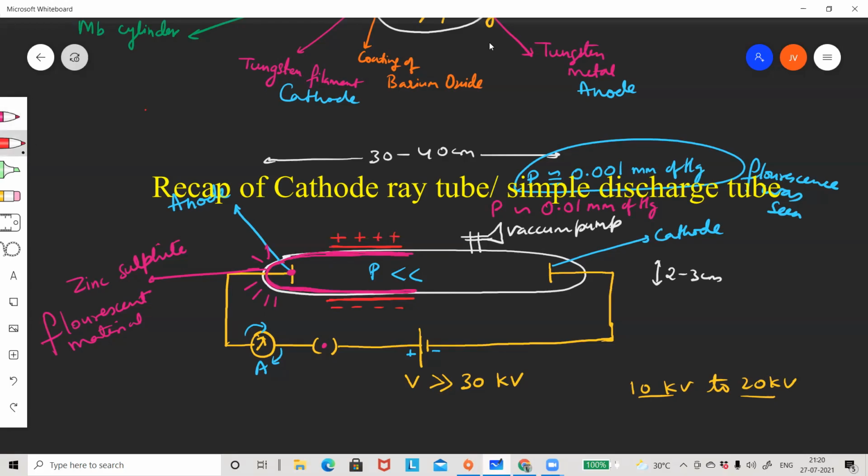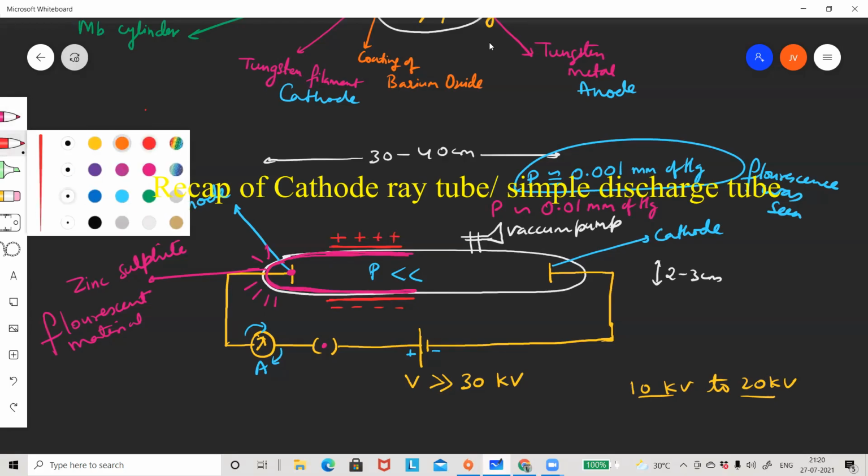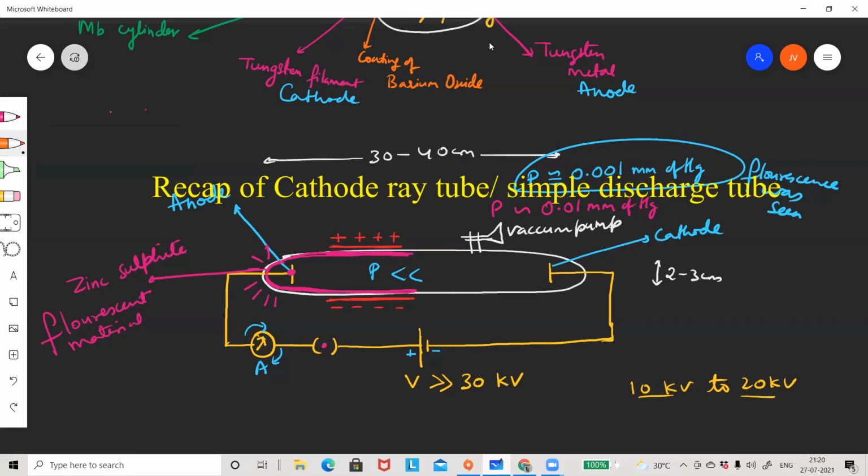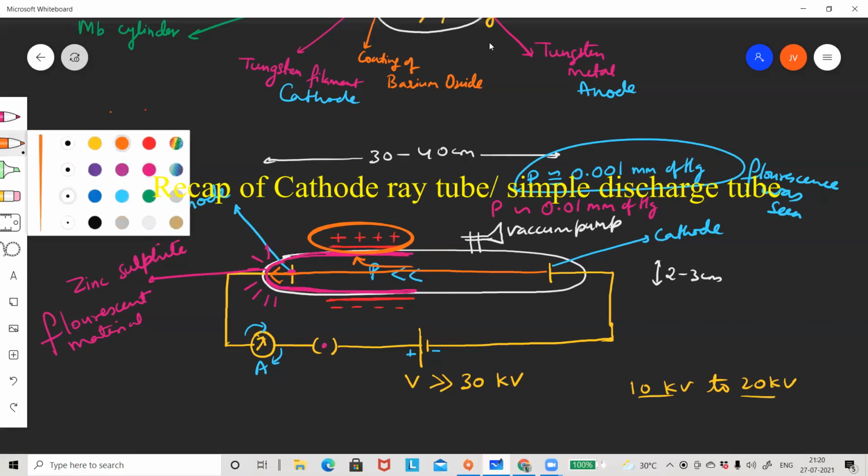Then these rays, which earlier traveled in a straight line, took a bend towards the positively charged plate. So this indicates that the cathode rays must be negatively charged because they were attracted towards a positive plate.